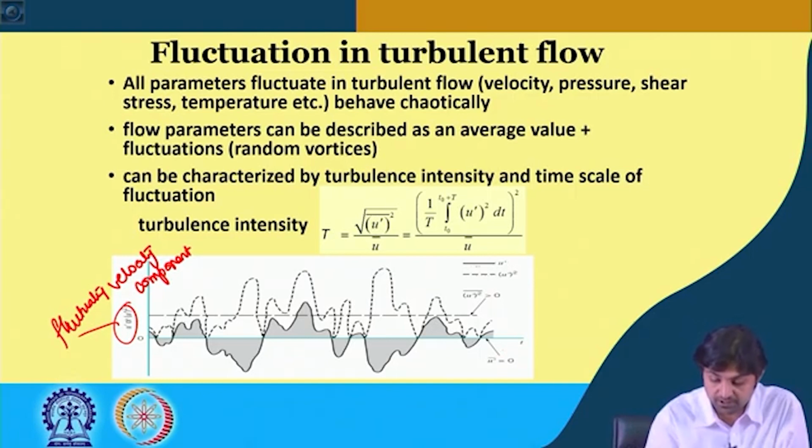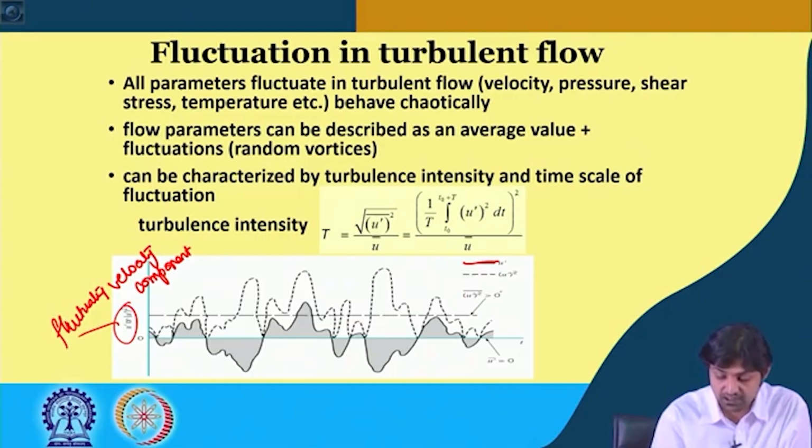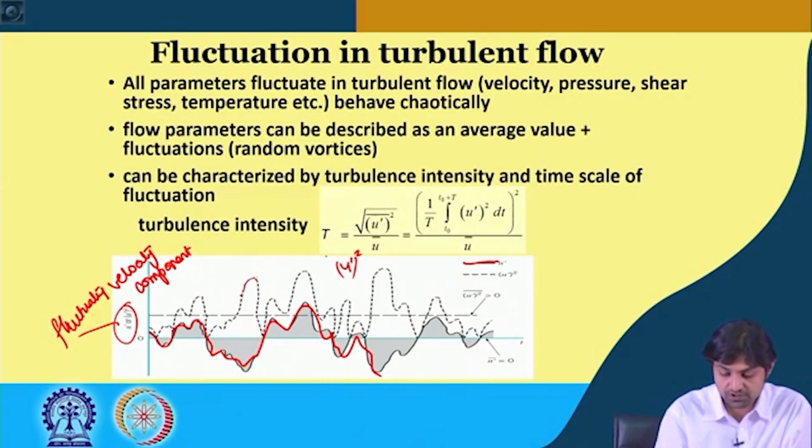The thick solid line represents the fluctuation, whereas the dashed line represents u prime squared, and the average of this quantity is represented by the thin line.